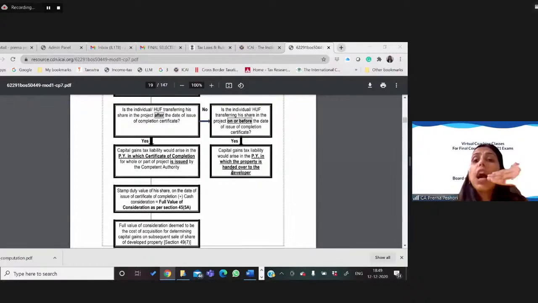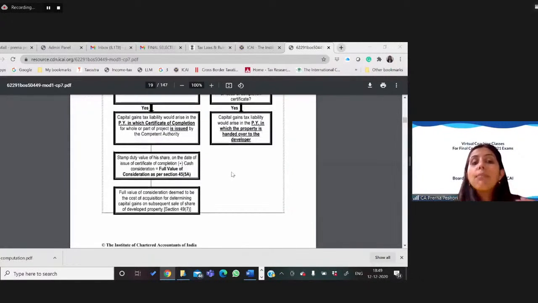If it is transferred after the completion certificate, then in the year in which the completion certificate is issued, the stamp duty value of his share on the date of issue of completion certificate plus cash consideration would be the full value of consideration as per 45(5)(a). And that will be deemed to be your cost of acquisition in case of subsequent sale of share of the developed property. Is it clear?